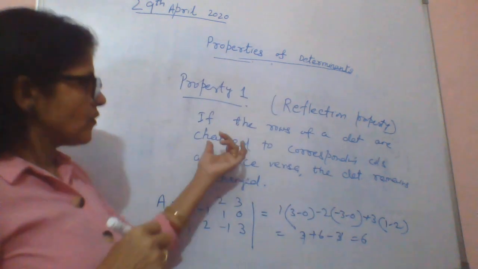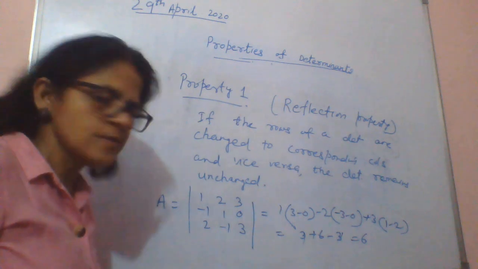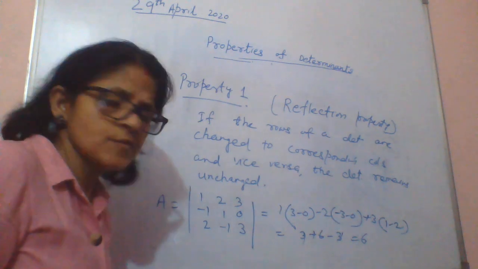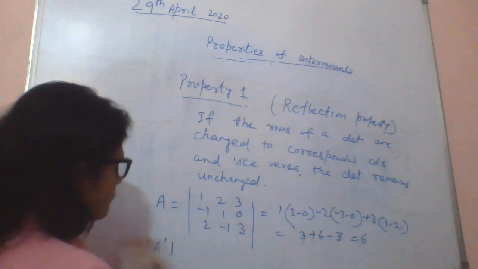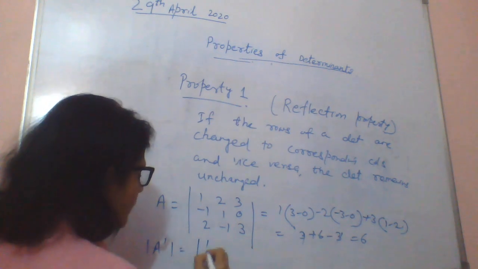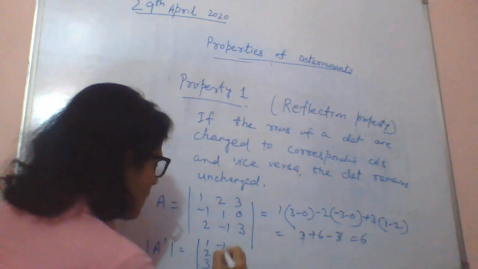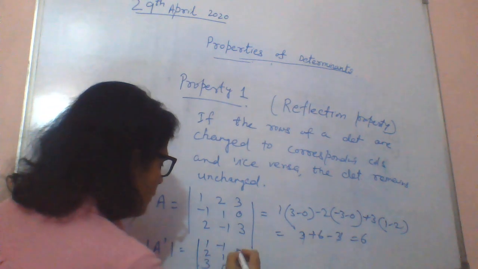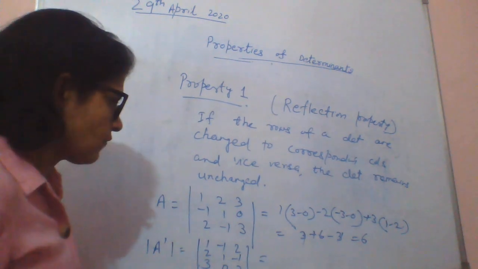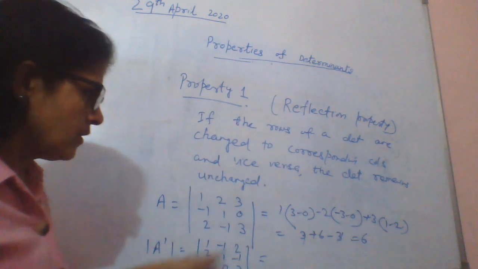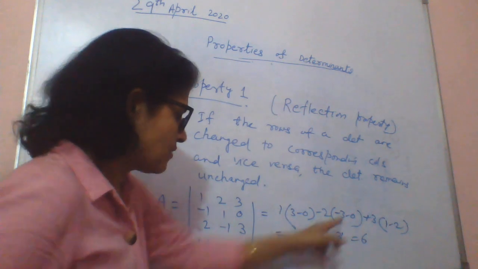Now as I said, rows are changed to corresponding columns, or columns will be changed to corresponding rows. Now if I take A transpose, 1, 2, 3, minus 1, 1, 0, 2, minus 1, 3. If I expand it from the first column, you see the same elements, same minors you will be getting.